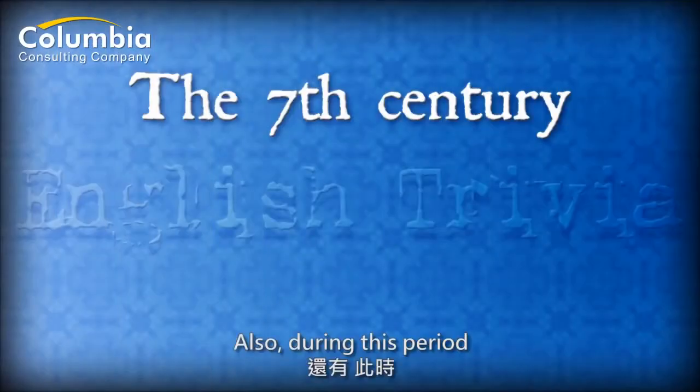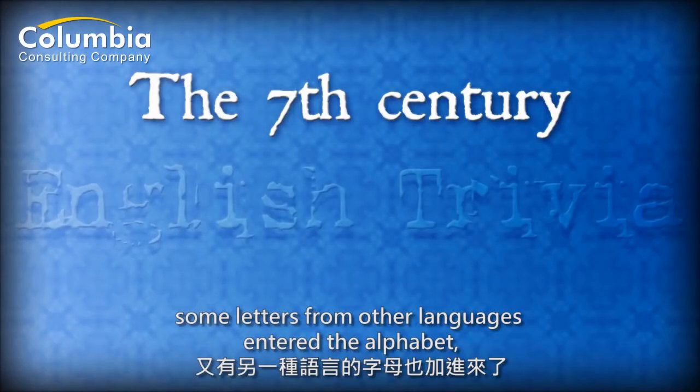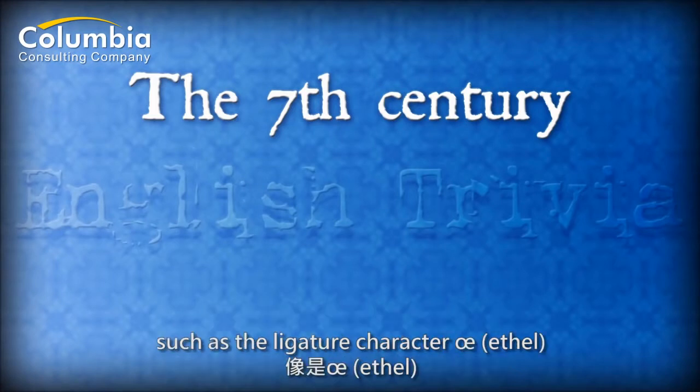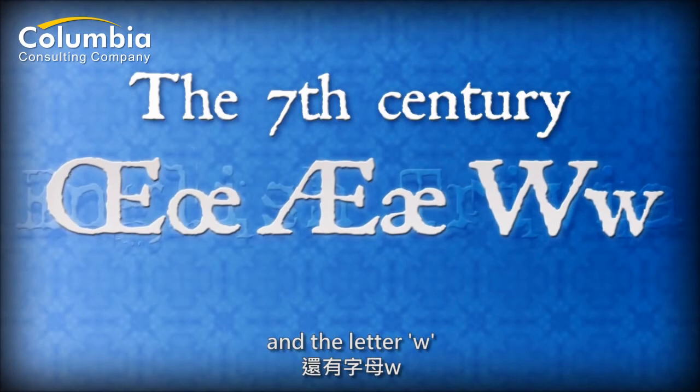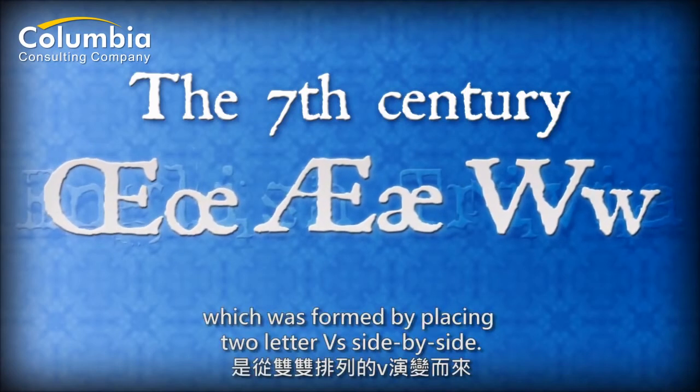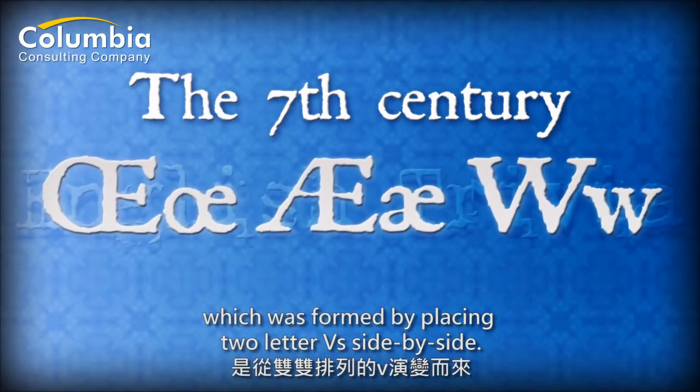Also during this period, some letters from other languages entered the alphabet, such as the ligature characters Ethel, Ash, and the letter W, which was formed by placing two letter V's side by side.